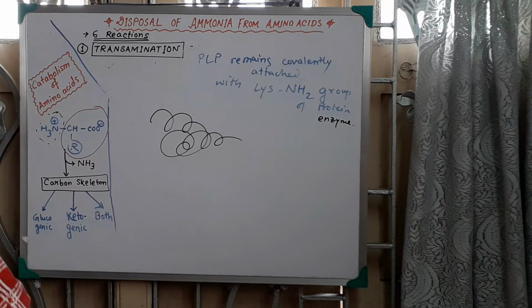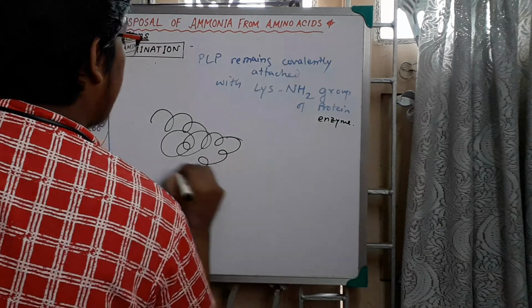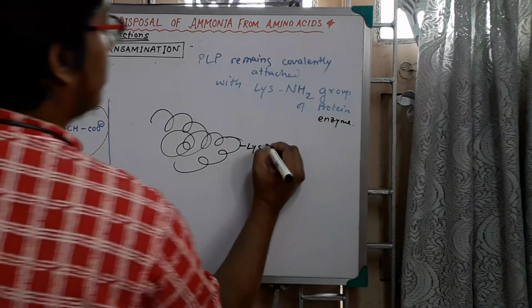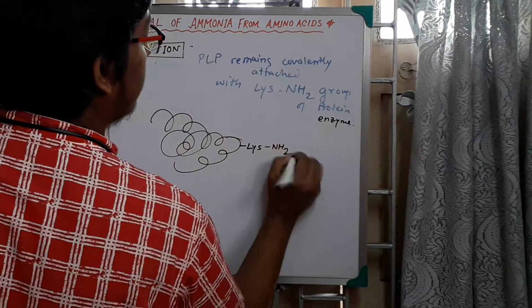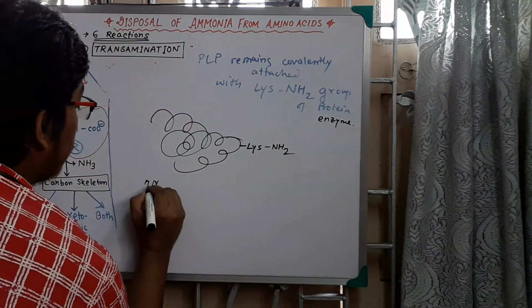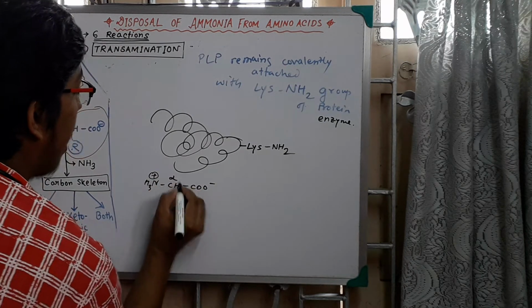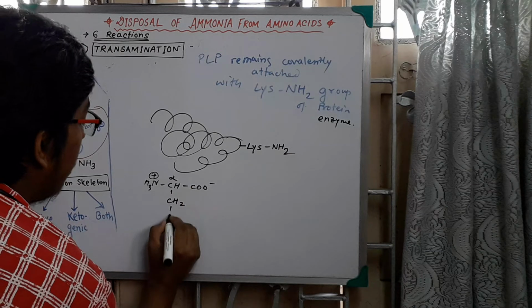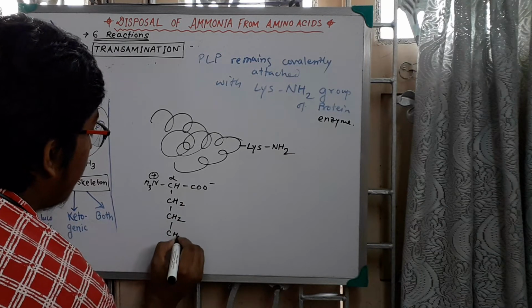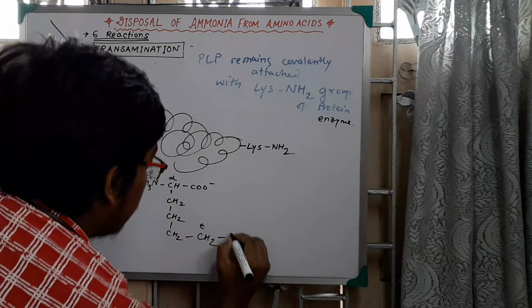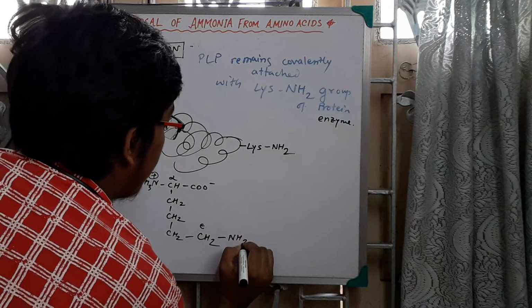There are lysine residues present here. In lysine residues there is an epsilon amino group: NH3 plus, CH, COO minus. This is the alpha position, then beta, gamma, delta, epsilon. With this there is an amino group present.